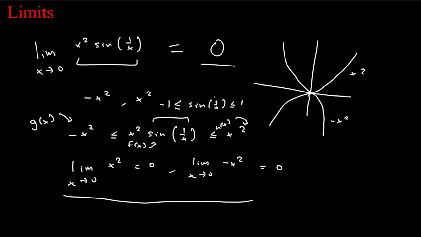And the function that I gave is sort of like this. Yeah, it's pretty crazy. This is a terrible drawing, but yeah. And basically at point 0, all of their limits are 0. And that's pretty cool. The sandwich theorem is pretty powerful. Alright, so that's basically it for limits.